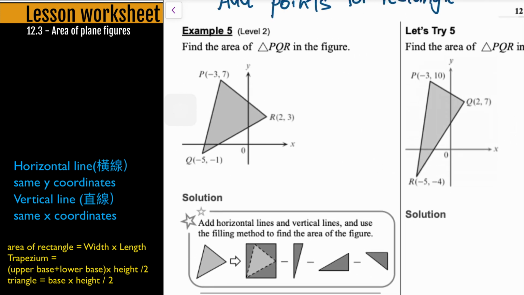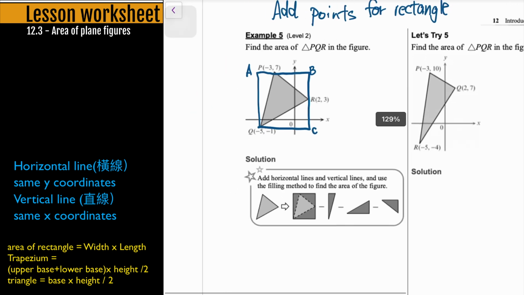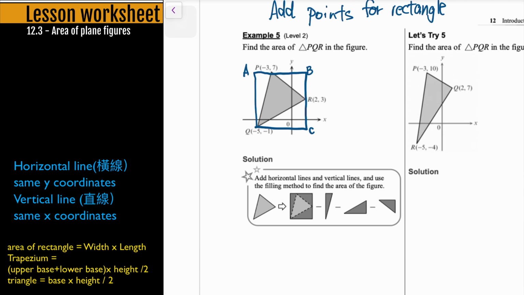So now you can see it. If we add some points, like now we can have A, B, and C. See it? So add points A, B, C as shown.